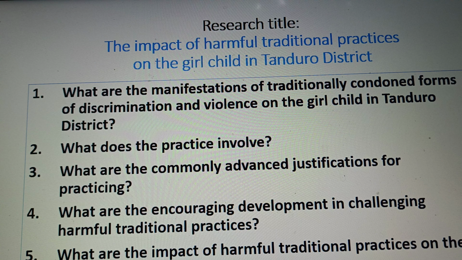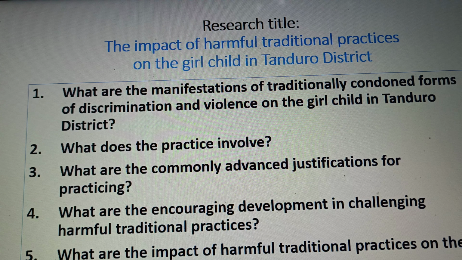The third one is, what are the commonly advanced justifications for practicing? That means the society is practicing harmful traditional practices on the girl. What are the reasons behind practicing these HTPs? This is what the researcher wants to investigate.